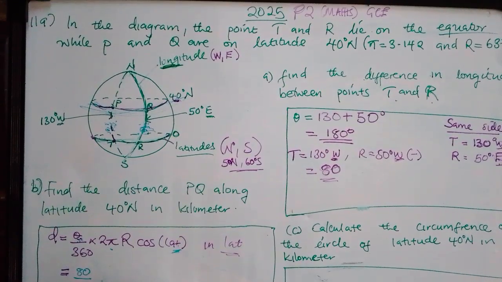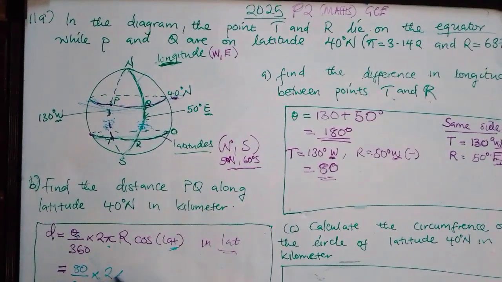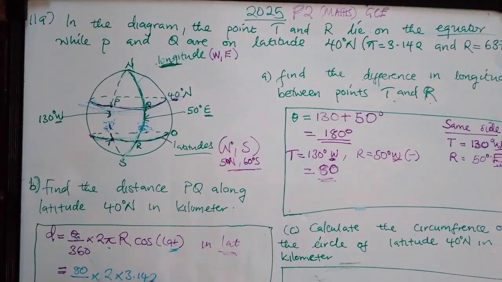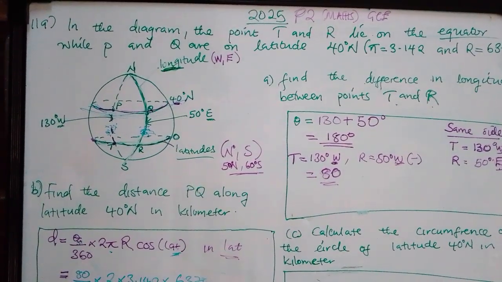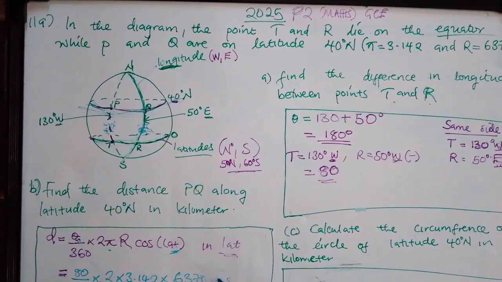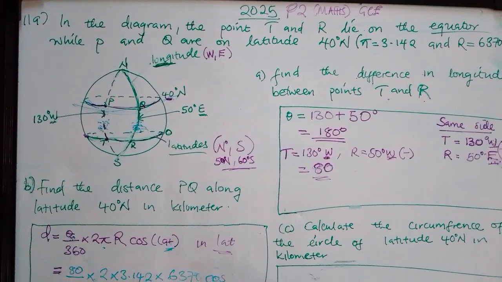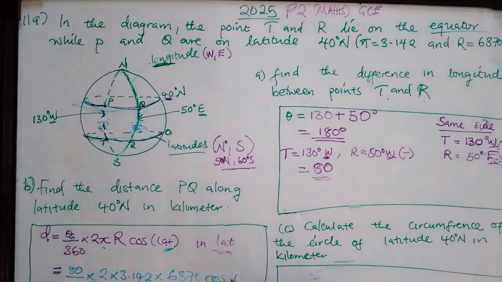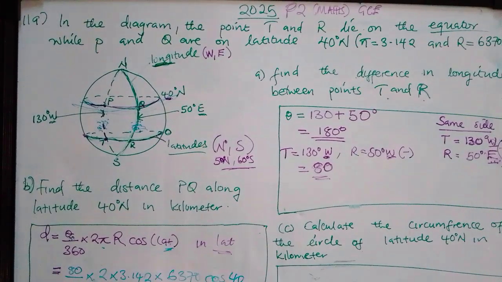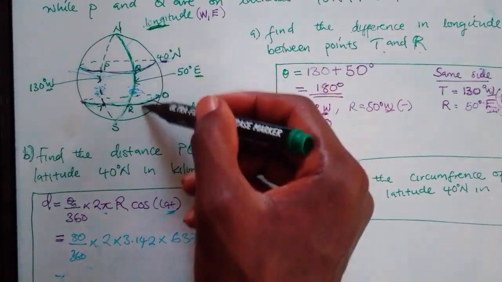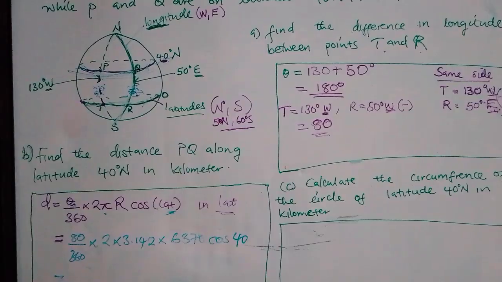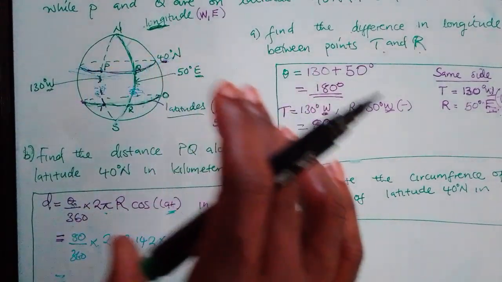So you say now 360, then multiplied by 2, multiplied by 3.142 as our pi, multiplied by the radius, which is 6370, cos what? 40 degrees. So the reason we use cos 40 degrees is because these lines, the latitude, are different, unlike longitude, which are the same.